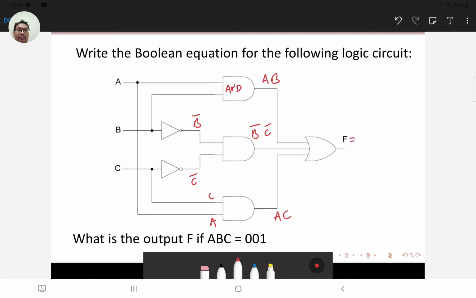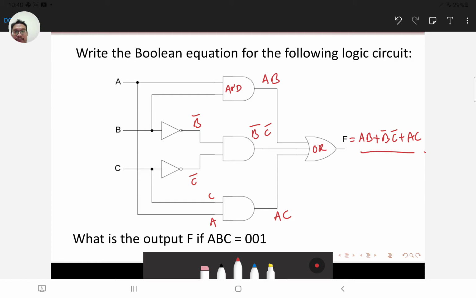So our F is AB plus, this is an OR gate, so plus B bar C bar plus AC. This is our Boolean expression at the end of the logic network.